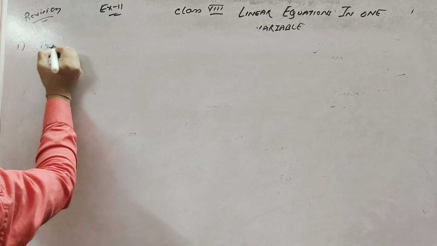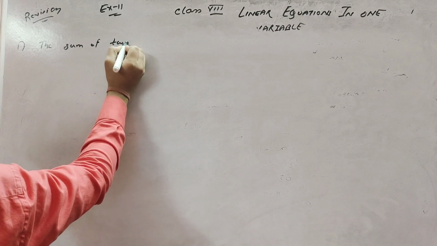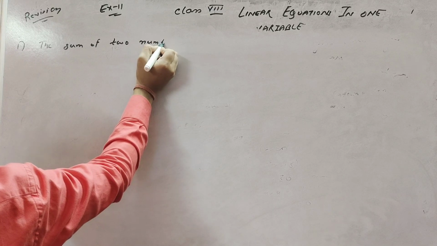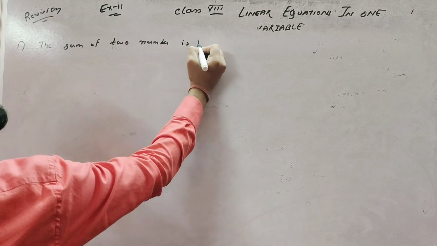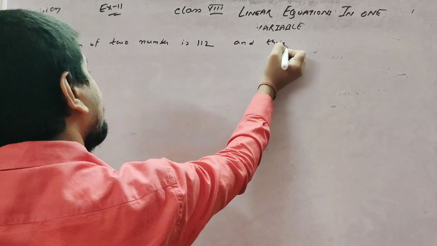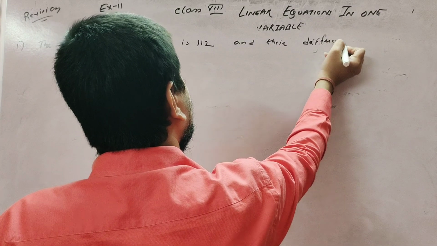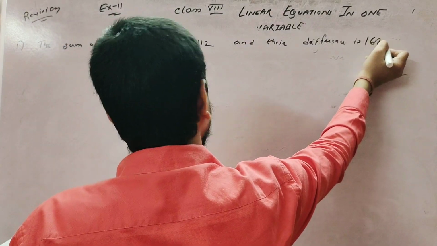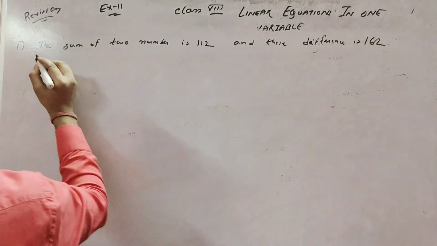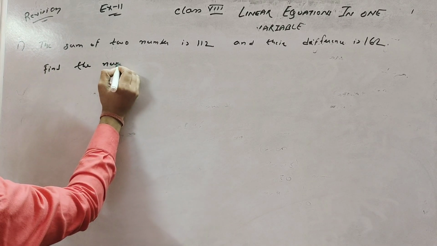One more question. The sum of two numbers is 112 and their difference is 162. Find the numbers.